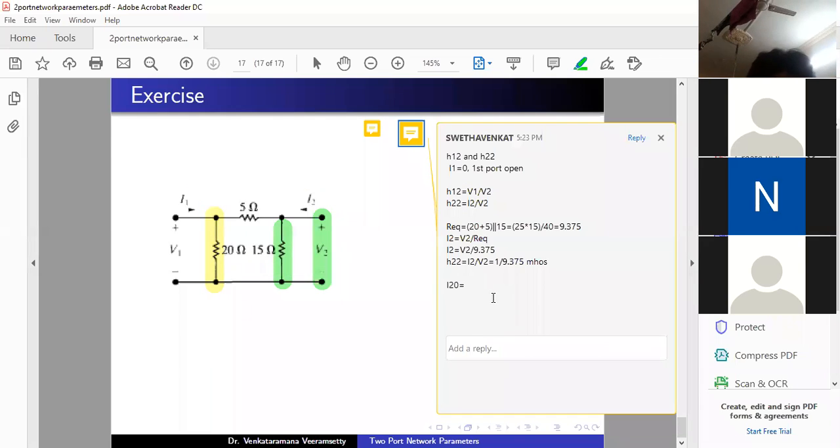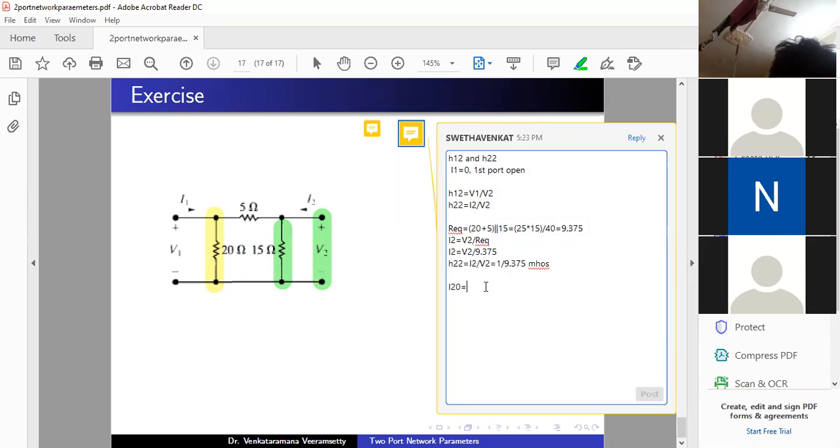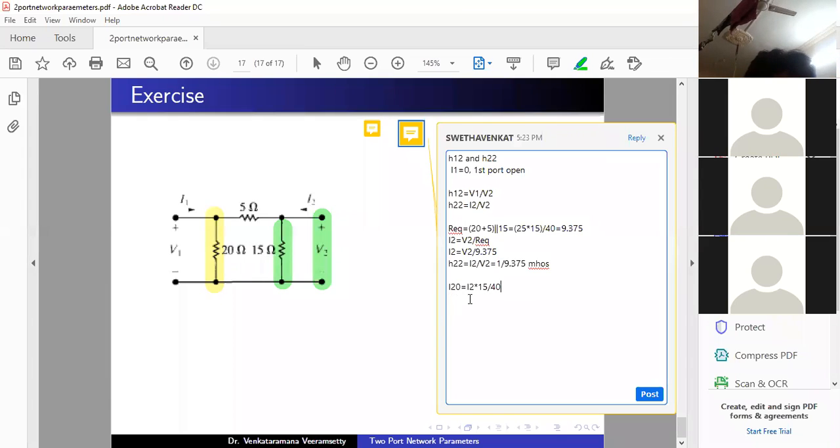So what is the value of I20? I20 equals the total current I2 times the opposite resistance, 15, divided by 20 plus 5 plus 15, that is 40.